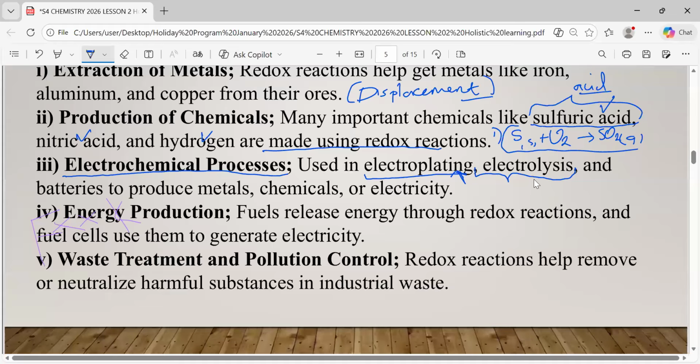We shall be looking at electrolysis and then the batteries. And they're saying that when they are used in such, they help produce metals, chemicals, or even electricity. So all those are areas where these redox reactions are applied.